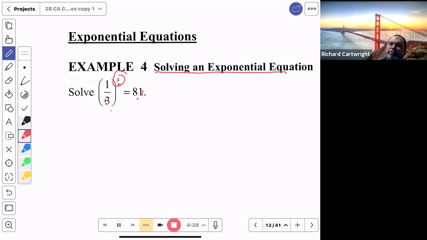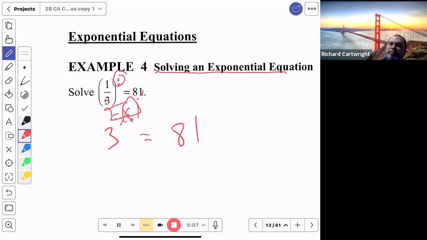So now, if I want to make it negative, then that's 3 to some negative number. I think I can do that. So what must x be then? What negative number can this be, I should say? x has to be a negative number to make a negative and a negative.